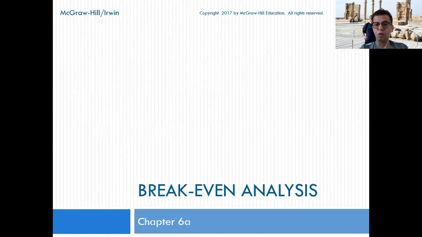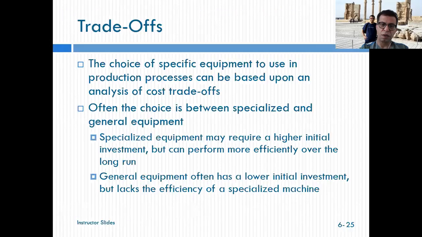Now, one more thing we need to talk about in process manufacturing is the break-even analysis. Sometimes you are working on a product using manual tools, simpler tools, and they take longer for you to finish.